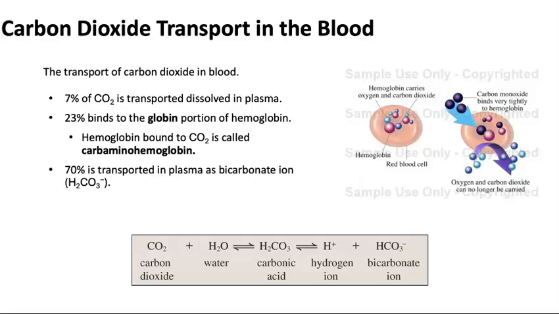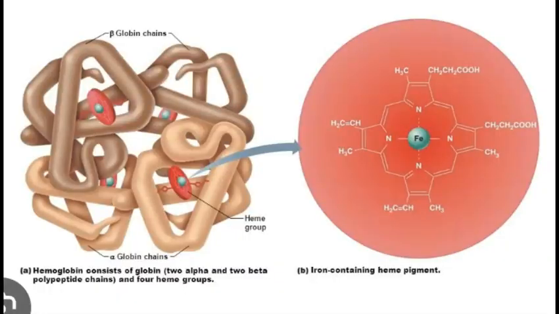Now let's talk about carbon dioxide's transport in the blood. Now 7% of the carbon dioxide just dissolves within the plasma, that watery portion of the blood, whereas 23% of it is going to bind to the globin portion of the hemoglobin. Let's quickly look at this molecule of hemoglobin to see the difference.